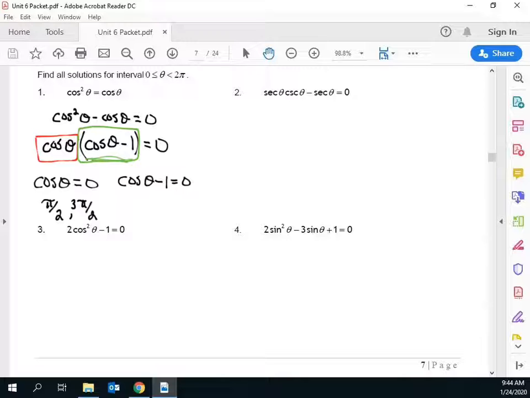That takes care of one. Let's do the other one. Is cosine by itself? No. Now it is. Where's cosine equal to 1? 0. Cosine at pi is negative 1.